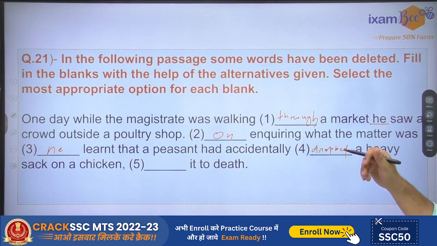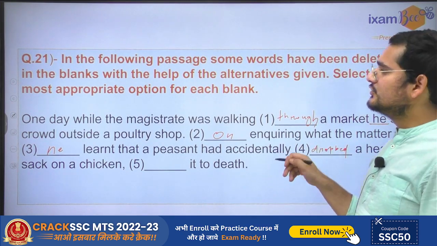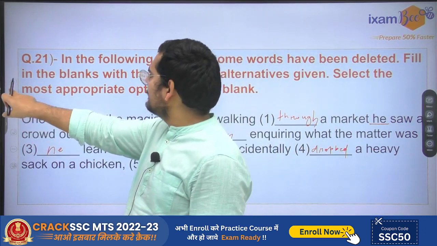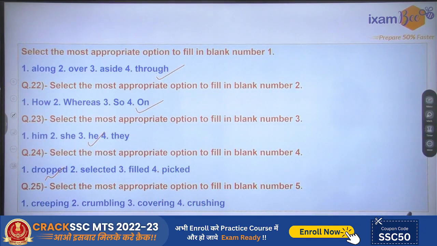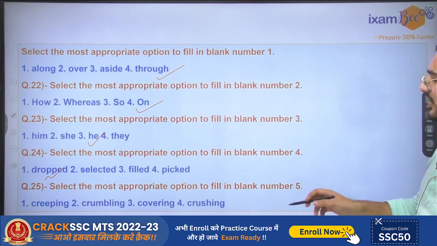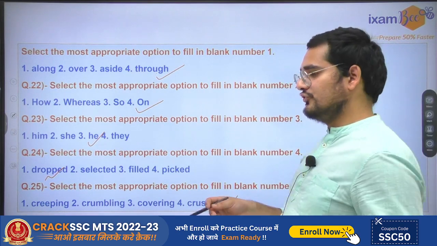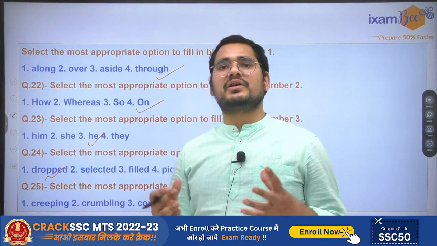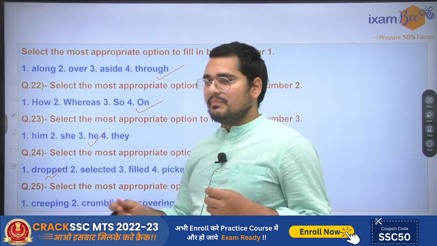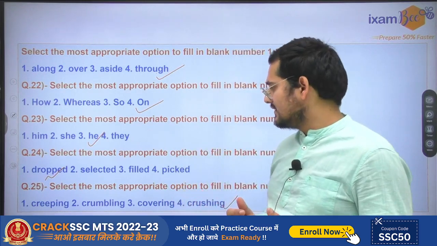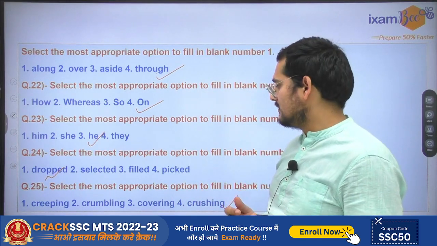A heavy sack on a chicken, to death. So what happened finally? Creeping it to death, crumbling it to death, covering it to death, crushing it to death. If you drop something over something, it will crush it, right? Creeping is moving slowly, a slower movement.